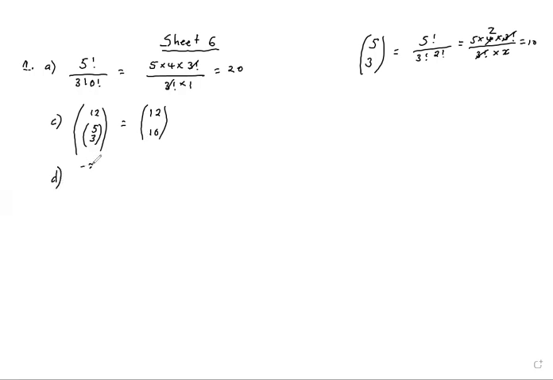D, -2 choose 3. By definition, this is -2 factorial over, hello? Sorry for disturbing. Is B a factorial or B is 12 to 7?